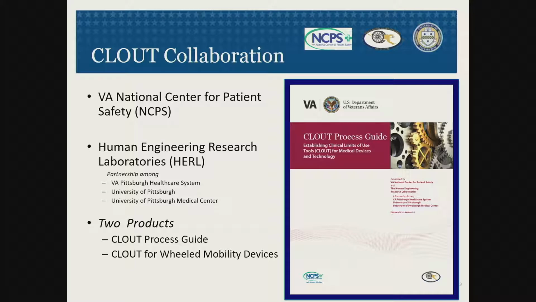And there were 2 outcomes with this collaborative project. One was the clinical limits of use tool process guide, and again, that's outlining the medical devices and technologies approach for any type of technology. And then secondly, the guide that we're really going to focus on, of course, with this audience is that CLOUT model specifically applied to wheeled mobility and seating technologies.